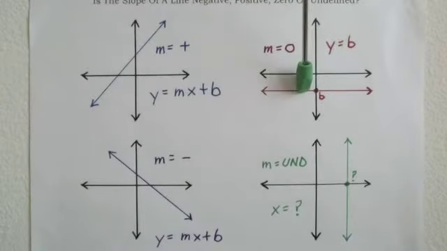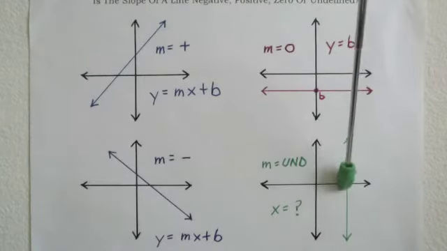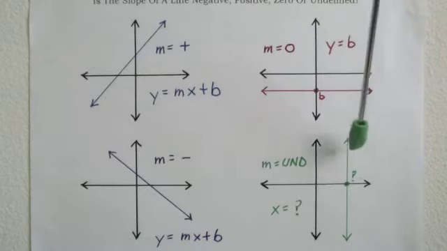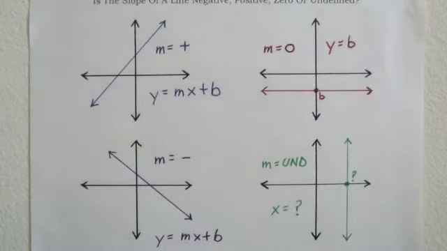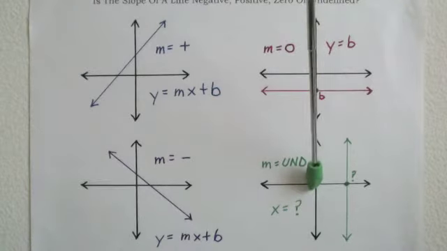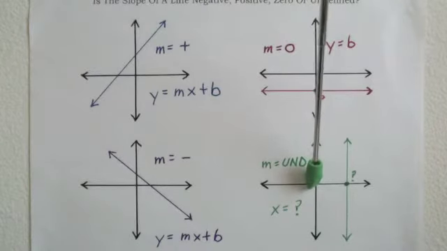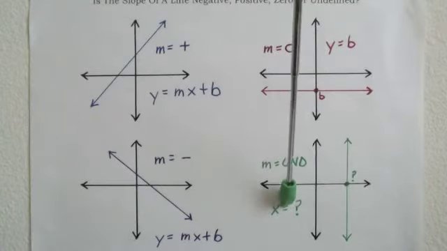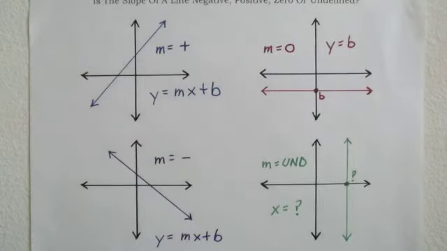Not like here where it was on the y-axis. This is the location on the x-axis where the line crosses. Now, if this line lies on the y-axis, this point on the x-axis is 0. So the equation would be x equals 0, or the y-axis.